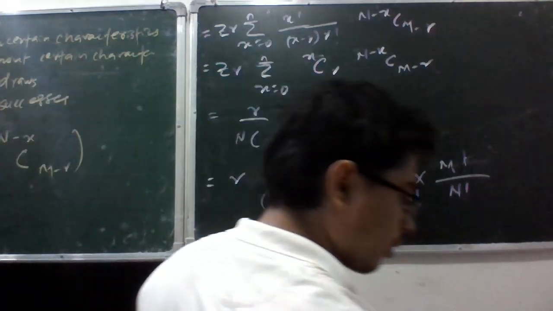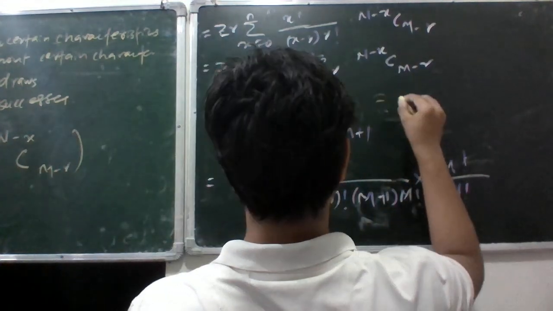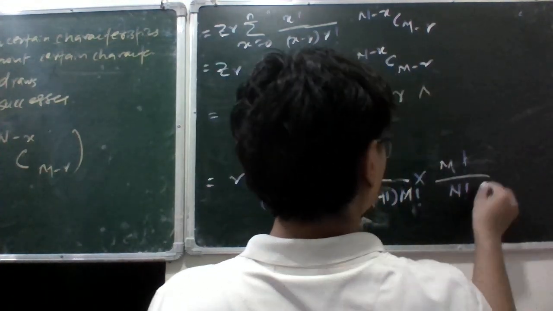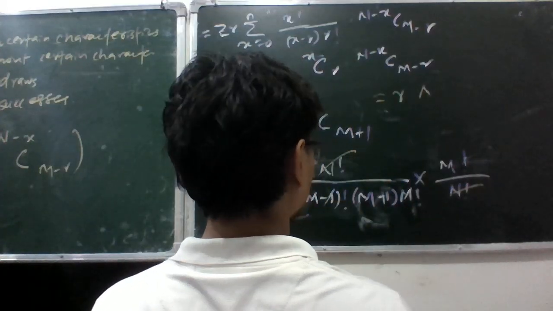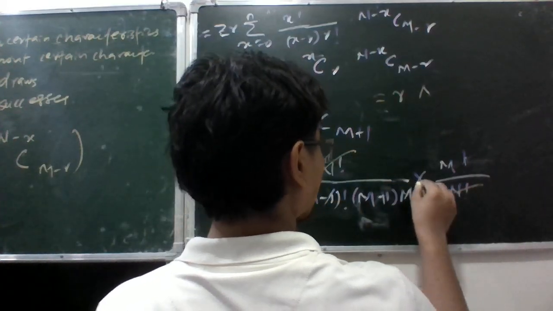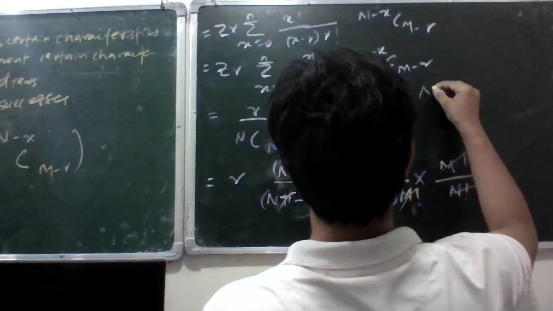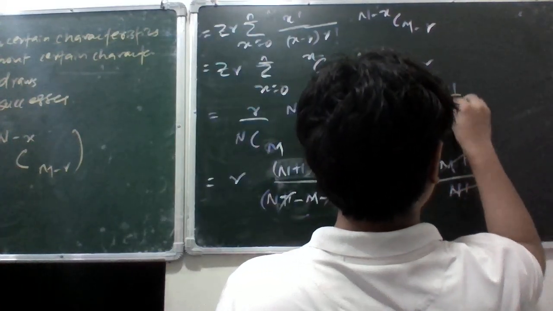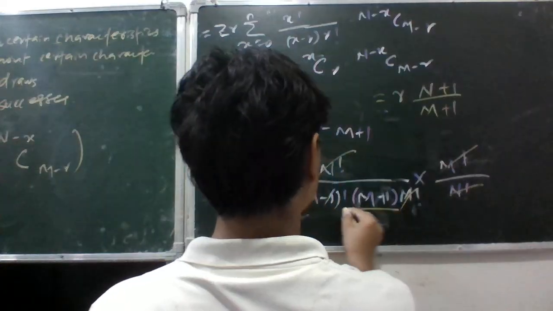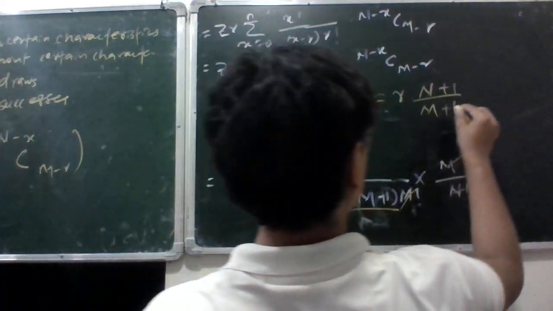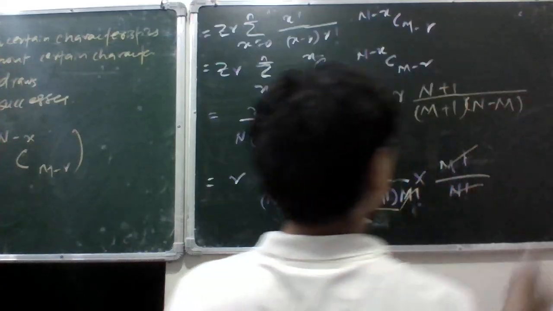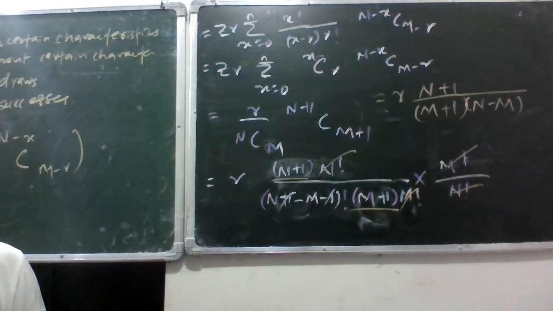So what I got is r, n and n cancelled, m and n are cancelled, so n plus 1, m plus 1, and times n minus m. Am I correct?